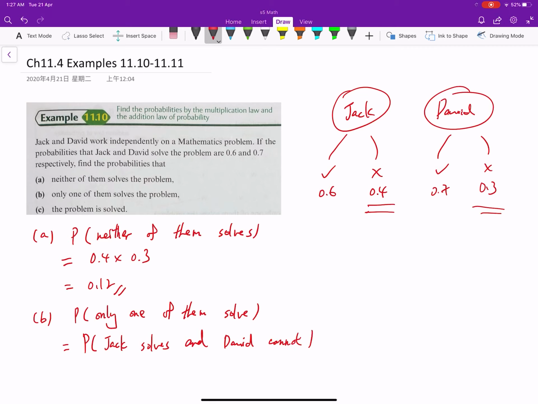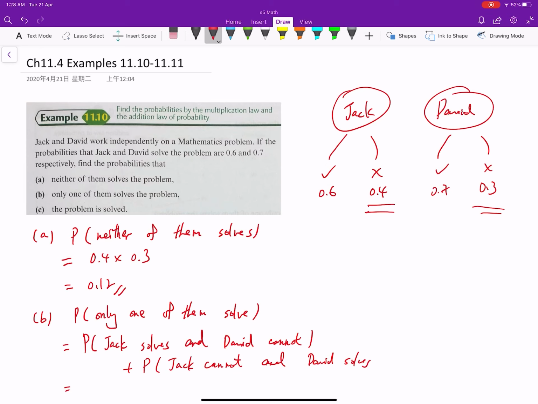Otherwise, it will not be only one. But sure, it can also be David solves the problem, but Jack cannot solve. So Jack cannot, and this time David solves the problem.